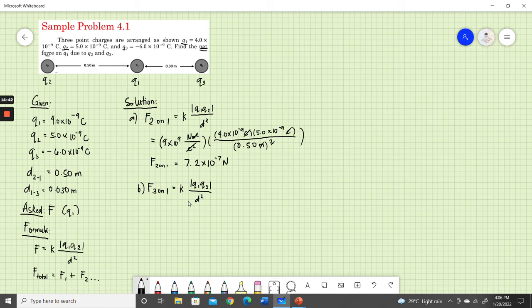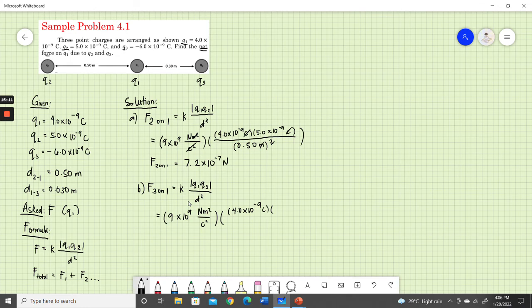Let's head on to the force that Q3 exerts on Q1. So you just have to do the same thing, plugging in the values. The value of K is 9 times 10 raised to 9 newton meter squared per coulomb squared multiplied by the value of Q1, which is 4.0 times 10 raised to negative 9 coulombs, and the absolute value of Q3.